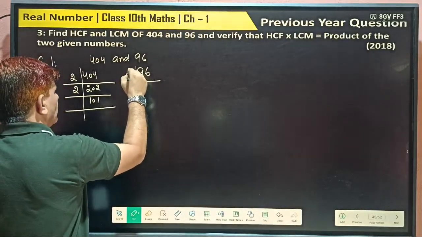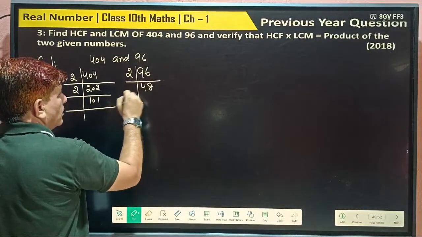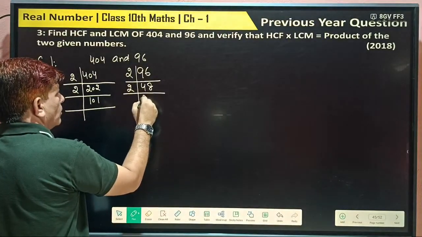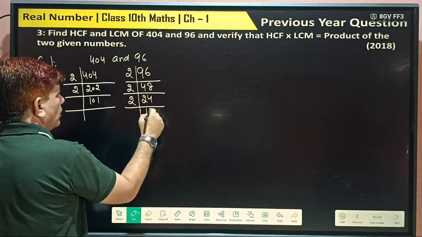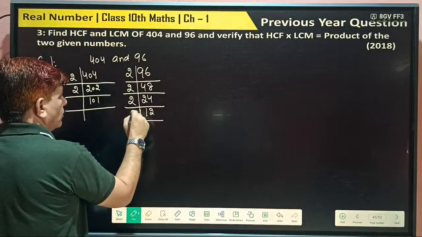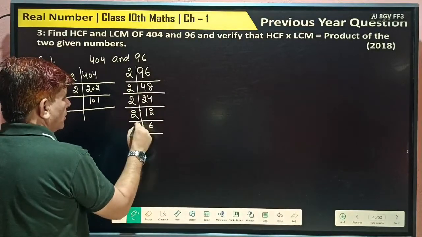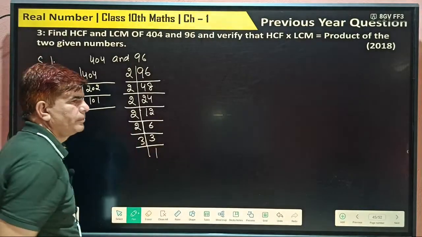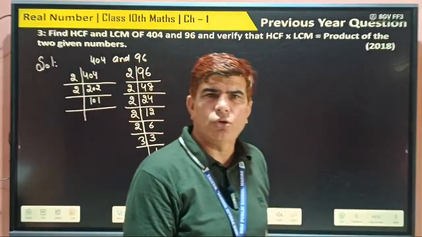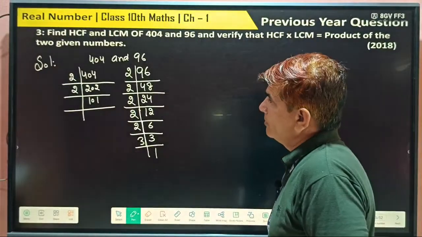Now 96. Divisible by 2, 48. Divisible by 2, 24, divisible by 2, 12, divisible by 2, 6, divisible by 2, 3, and 3 1. Got it, this is called prime factorization.